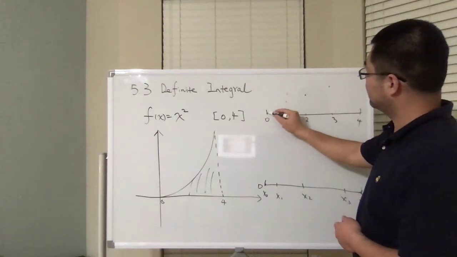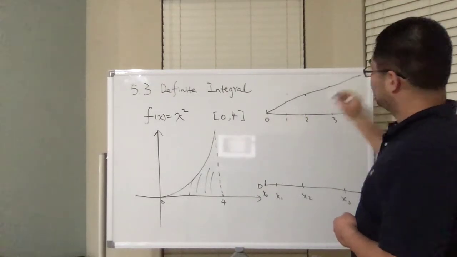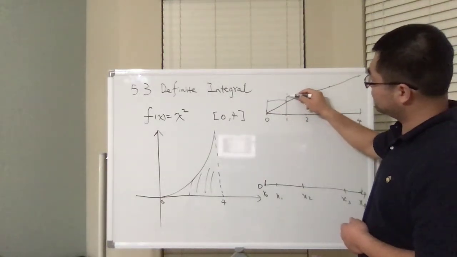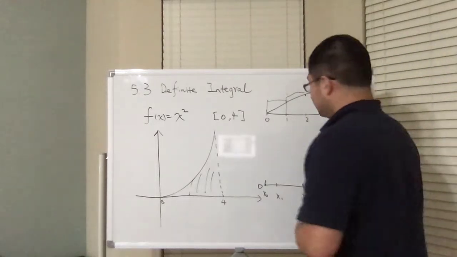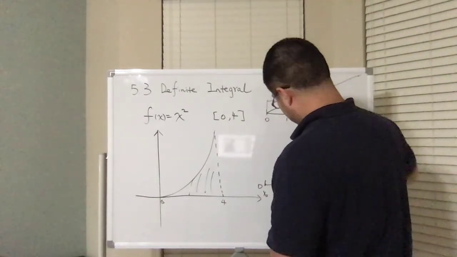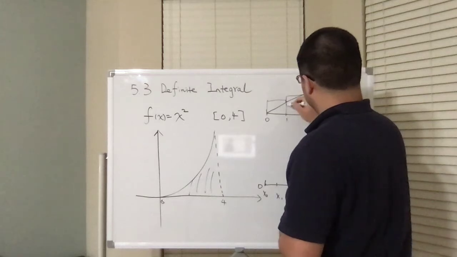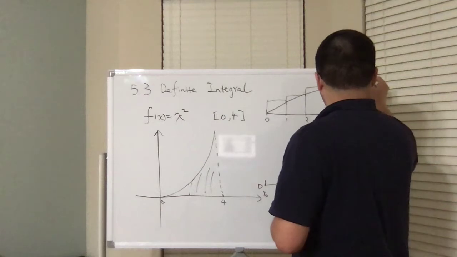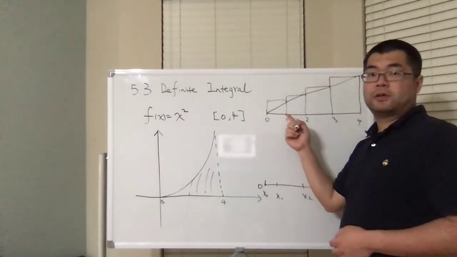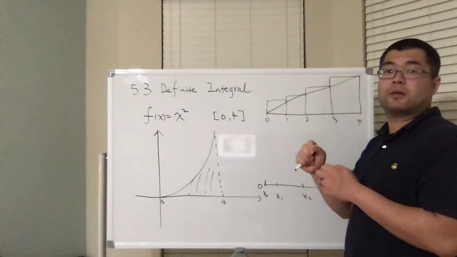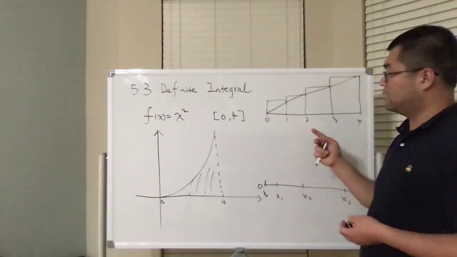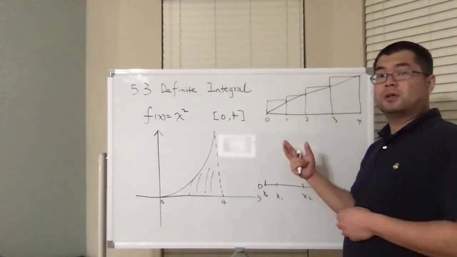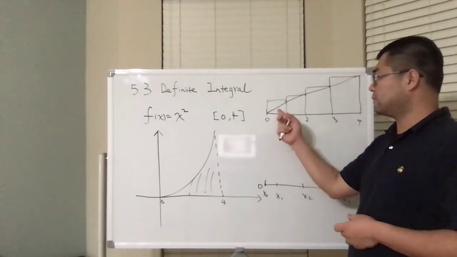Remember, this is what we described: we use the right hand side to form those rectangles, and then we calculate those areas of rectangles and add them together. This is the approximation. And if we double the number of the partition, if we partition into 8 pieces, good.